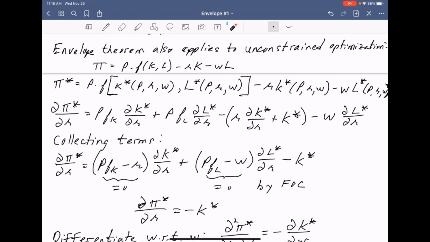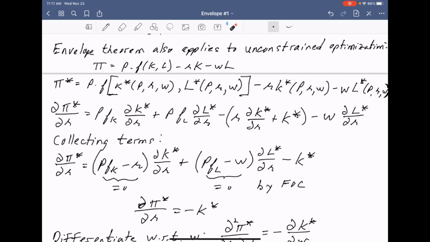Take the first derivative of pi star with respect to, and here pi star, because we've substituted in the optimums, is equal to the indirect profit function. So keep that in mind. This is the indirect profit function.